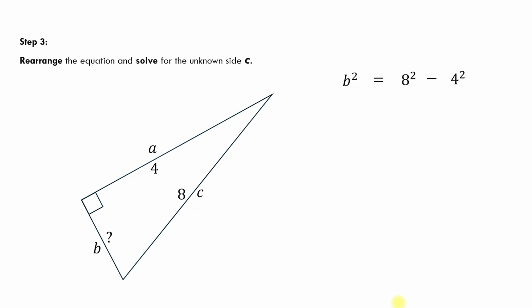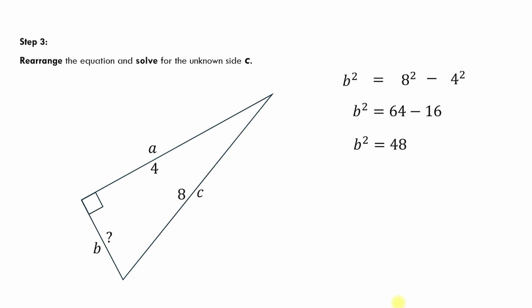And then we have B squared isolated on the left. So B squared equals 8 squared minus 4 squared. 8 squared is 64, and 4 squared is 16. Subtracting the number values gives us B squared equals 48.